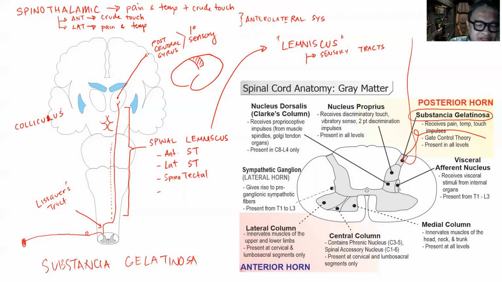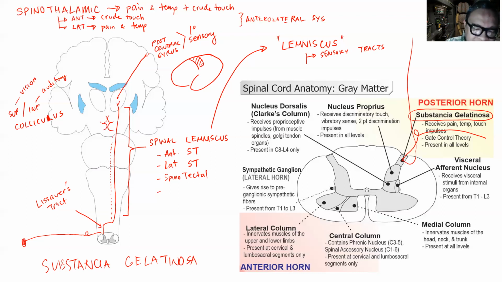Colliculus. Okay, you have your superior, you have your inferior. Your superior is mainly vision oriented, right? What you see, or, well, a little bit more what you touch. Inferior is auditory, tone or whatever.